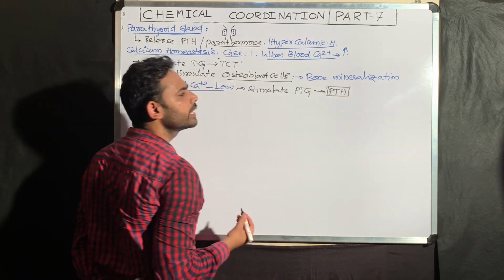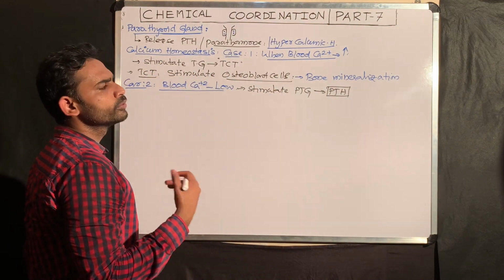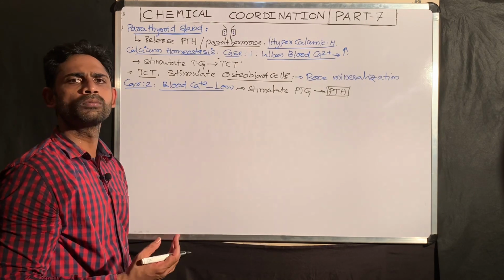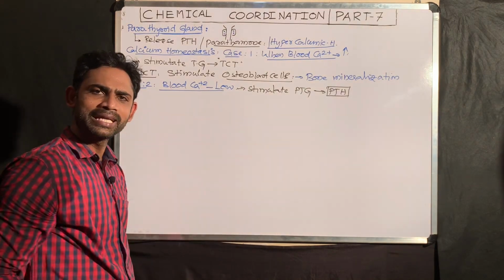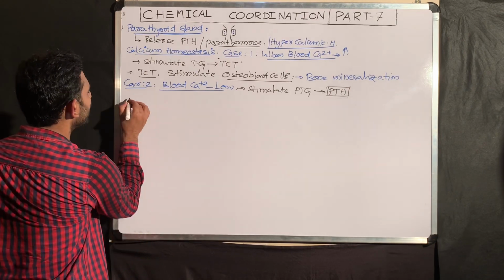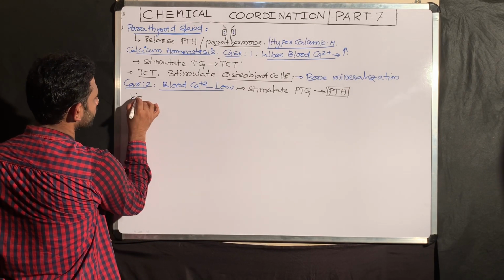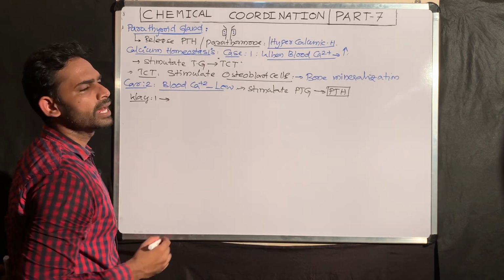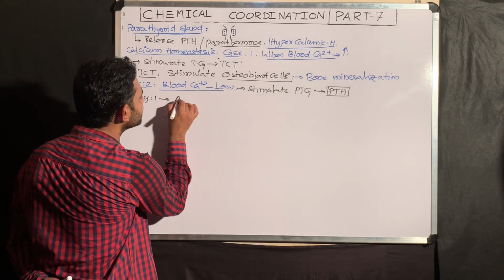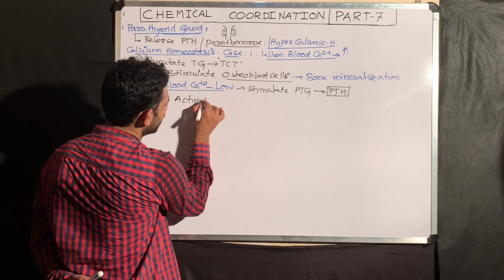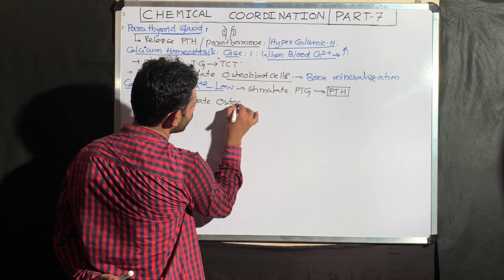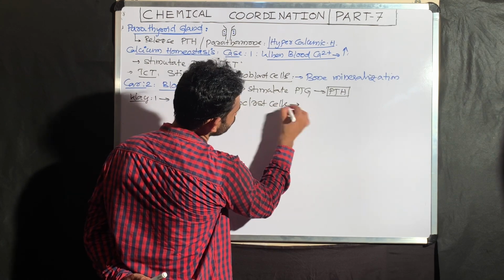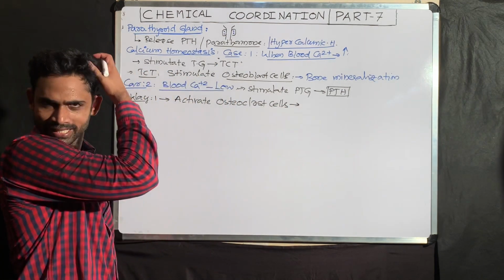So parathyroid hormone is produced in the blood when the blood calcium level is low. Parathyroid hormone's responsibility is to increase the blood calcium level. How? Way one, simple: parathyroid hormone activates osteoclast cells of bone, the opposite of TCT.